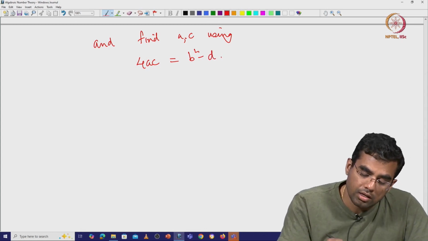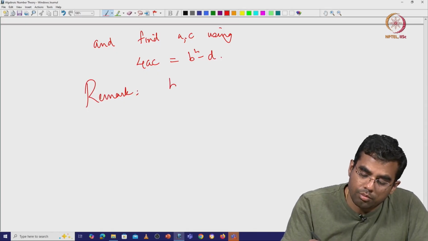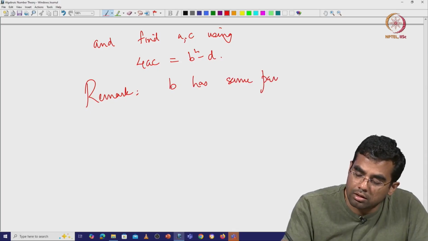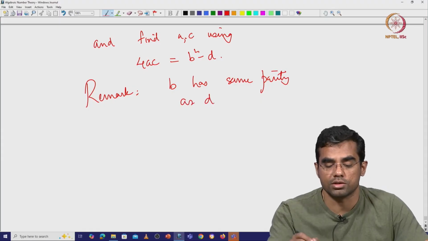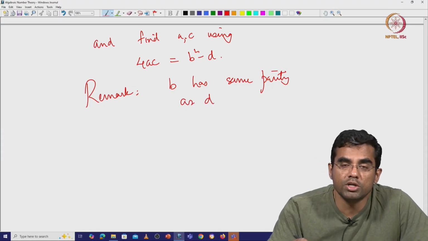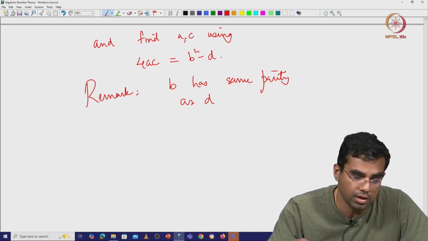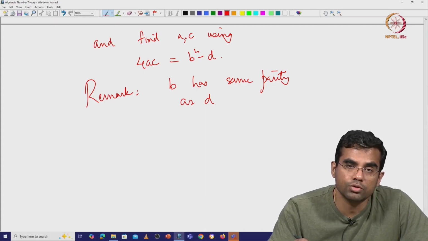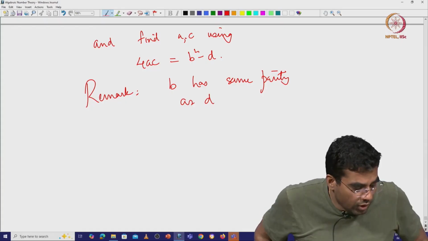Another remark is that b has the same parity as d, otherwise you will not have any solutions to this equation. B squared minus d is divisible by 4, in particular it is even, so whatever parity b squared has, the same is the parity of d.